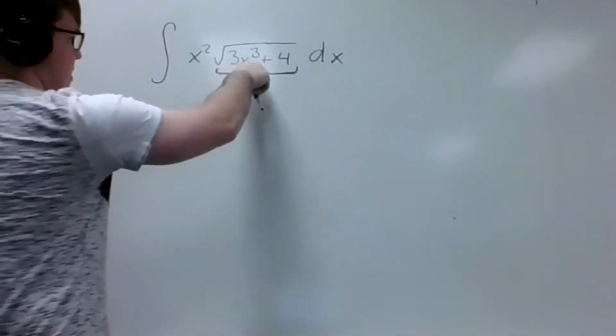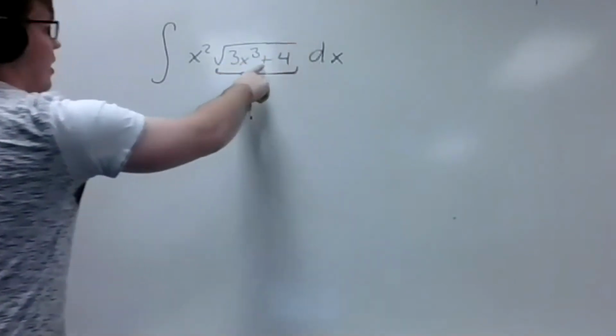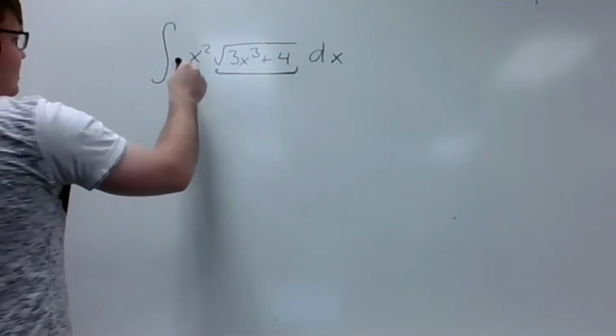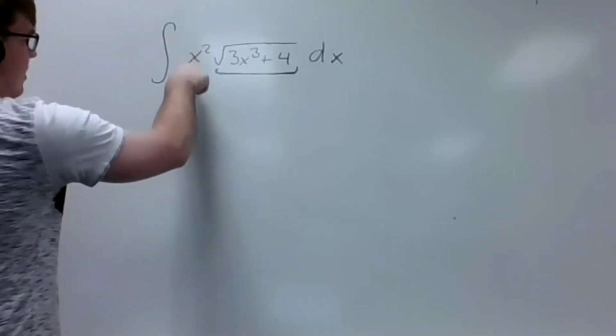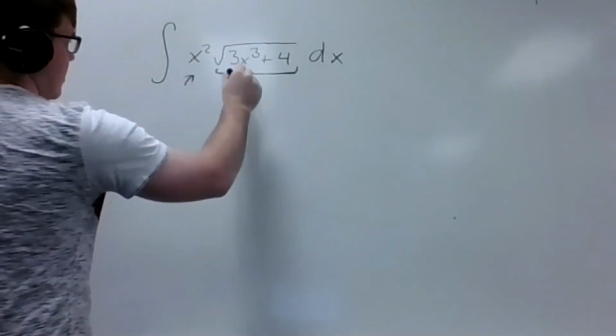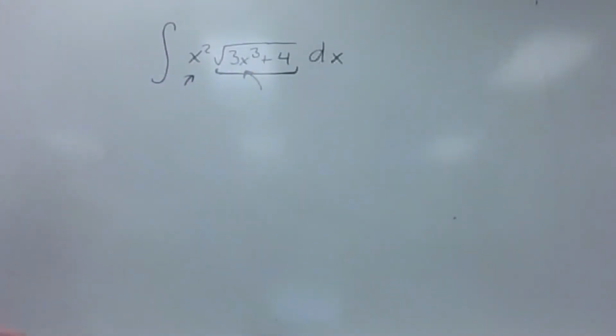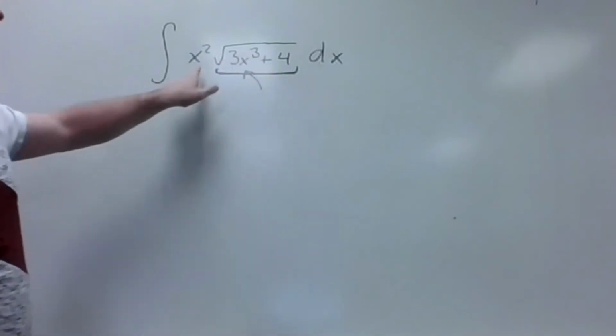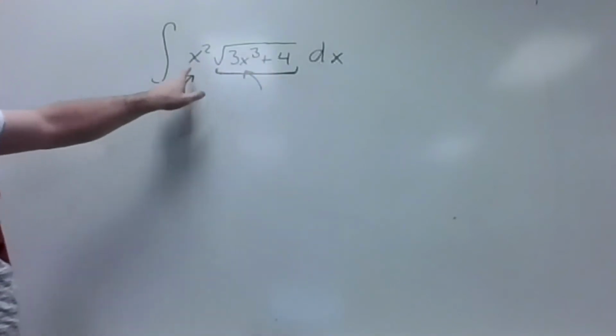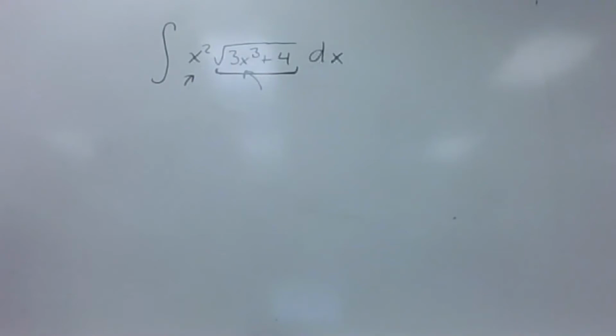So this is 3x cubed plus 4 to the 1/2 power, and there's x's outside and inside. You see how this is an x to the 3rd and this is an x squared. Every time we have that difference of powers from the inside to the outside, where the inside's one higher than the outside, that usually means it's a u substitution problem.